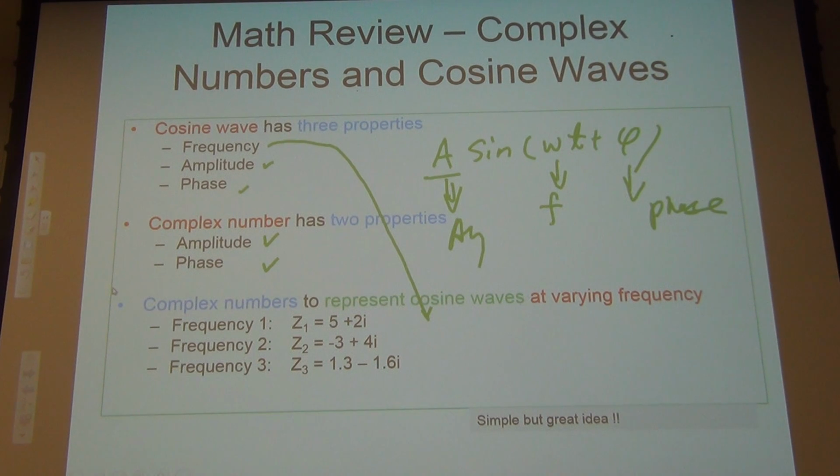So we can use complex numbers to represent cosine waves at varying frequency. For each frequency, we can use a complex number to represent the cosine wave at that frequency. This is the idea.